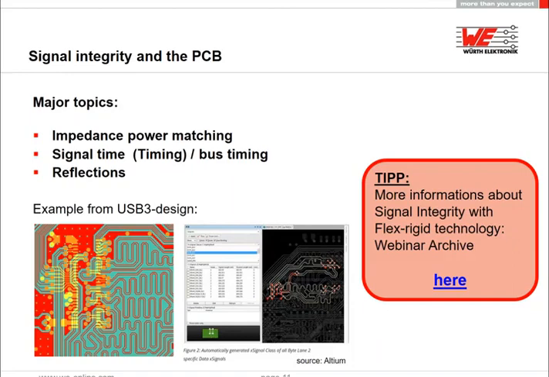The example in the middle is taken from Altium. And the third point is we have to care for reflections. This topic we have already covered in a webinar which you can find in the webinar archive about Flexrigid technology and signal integrity. So there you can find even more information about this.